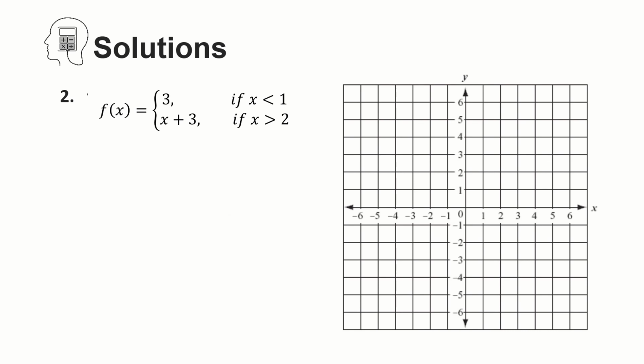Okay, so how about for number 2? So f of x is equal to 3 if x is less than 1, and f of x is equal to x plus 3 if x is greater than 2. So again, for f of x is equal to 3, we know that this is a constant function, and we just simply need to apply our condition.